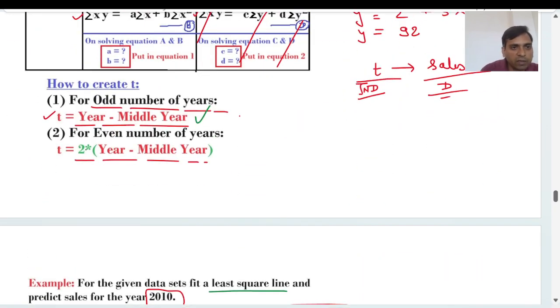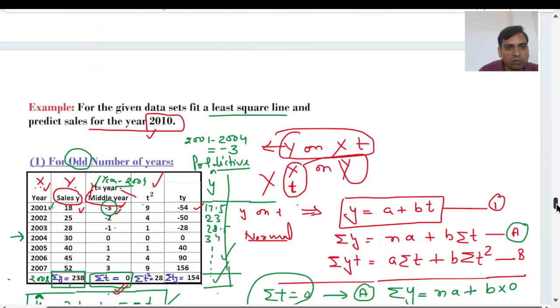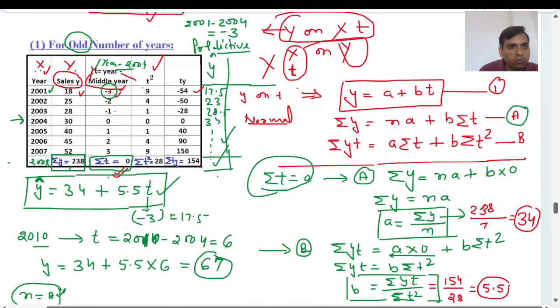Why 2 into year minus middle year? This is just for ease of solution. If we use year minus middle year, the middle year is 2004.5, because it is mid-July 2004. So 2004.5 is considered as the middle year.